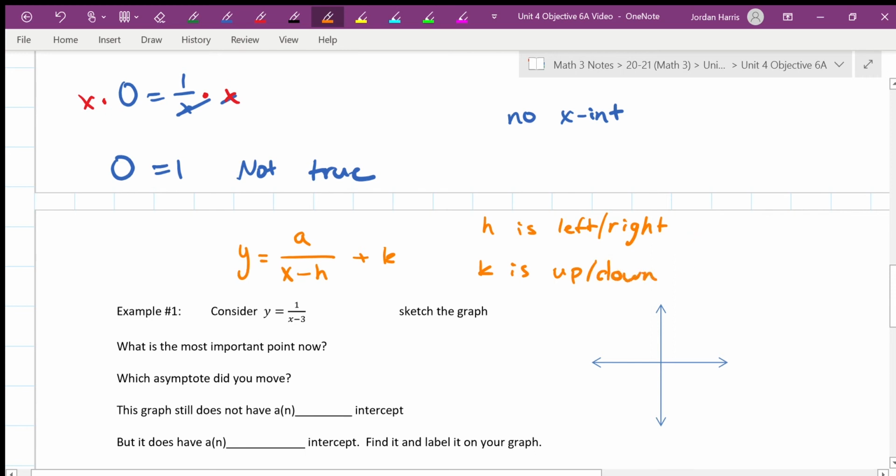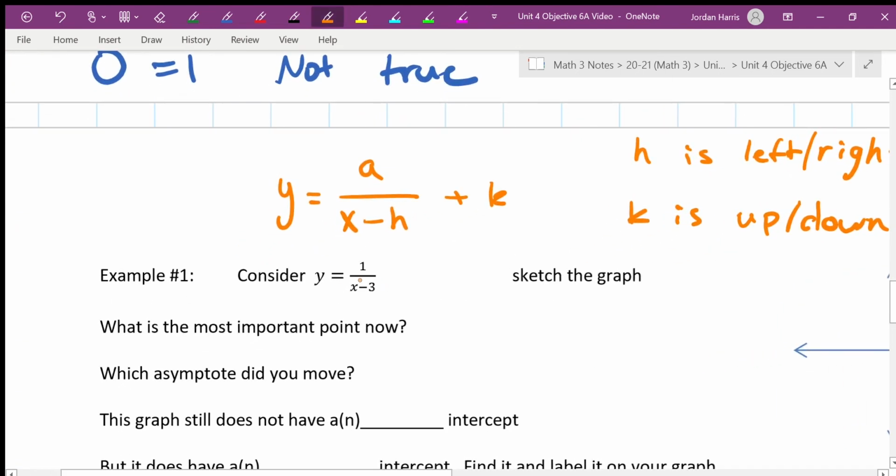Okay, so in this case, there is no plus K at the end. There's only a thing that's affecting the X directly. This is a right 3 shift. Minus 3 is right 3.